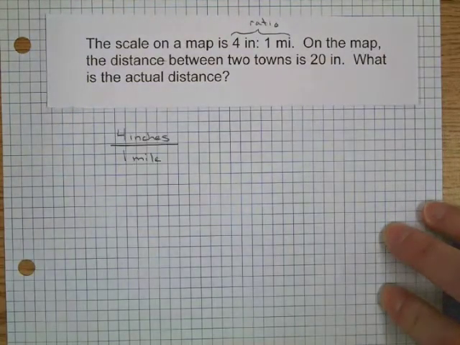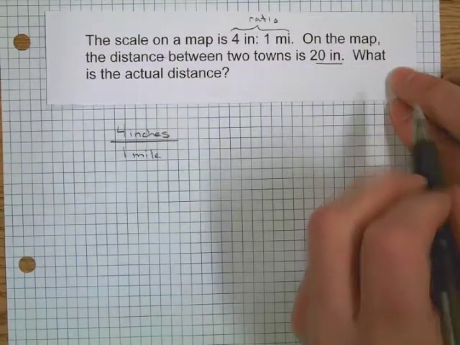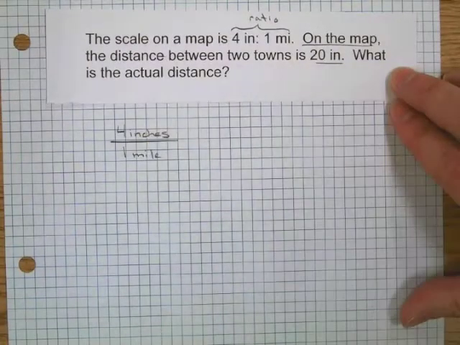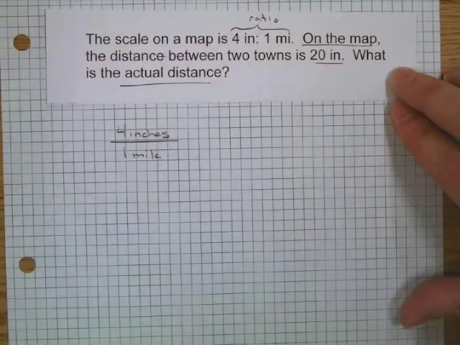And on our map, let's say we were measuring the distance again between two towns, town A and town B. The distance on the map is 20 inches, and we want to know the actual distance. We want to know how far that is in real life.